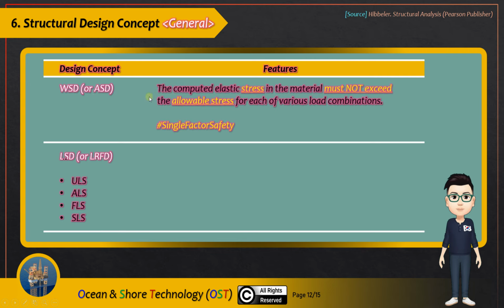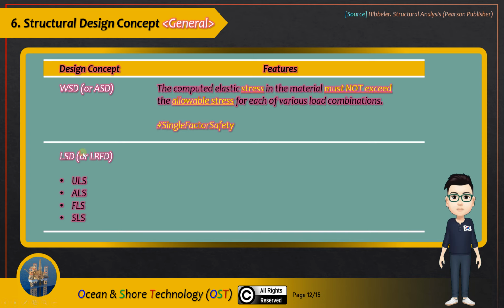This concept focuses on the computed elastic stress in the material, which must not exceed the allowable stress, which means that if you think about the coupon test, the material test, the tensile test, then we can clearly define the elastic limit, and below that, we don't allow the plastic deformation. So based on that, the yield strength we can multiply, for example, by 50% or 70%, and that could be considered as the working stress design. It is up to the designers.